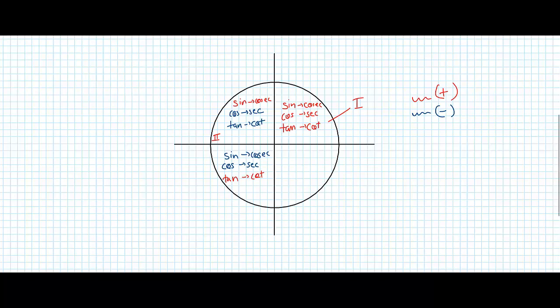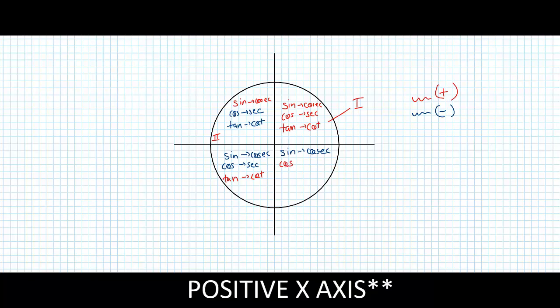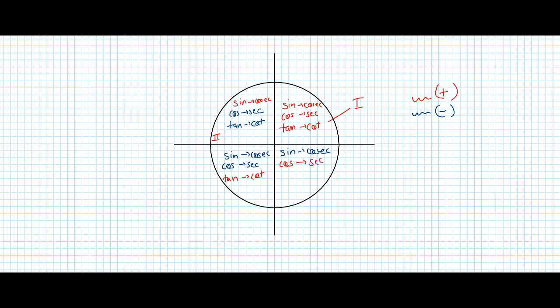And in the fourth quadrant, we have sine is negative because again all projections are on the negative y-axis. Cos is positive because all the projections are on the plus x-axis. Secant is positive, and tangent is the ratio of sine over cos. Sine is negative, therefore tangent is also negative. Cotangent is also negative.